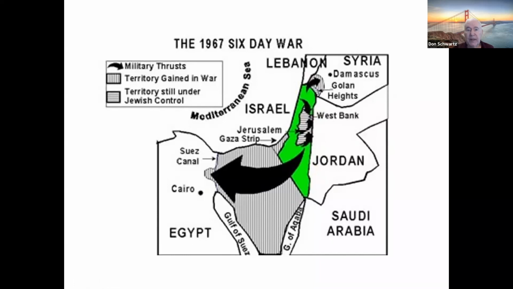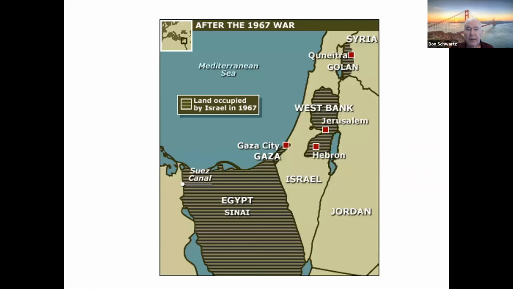Israel then turned its attention to Syria. The armies of Syria had invaded in 1967. They were defeated, and Israel seized the strategic Golan Heights. By the time the war ended, 6 days later, Israel had tripled the amount of territory under its control.